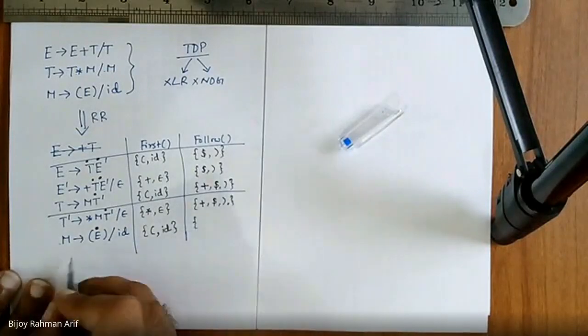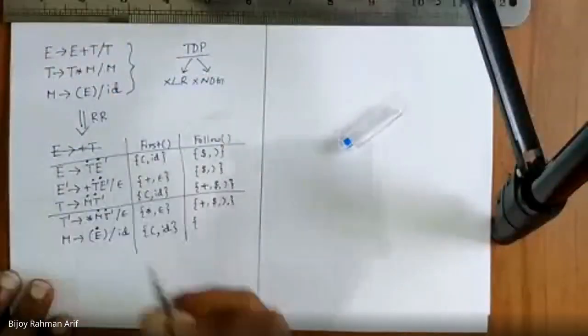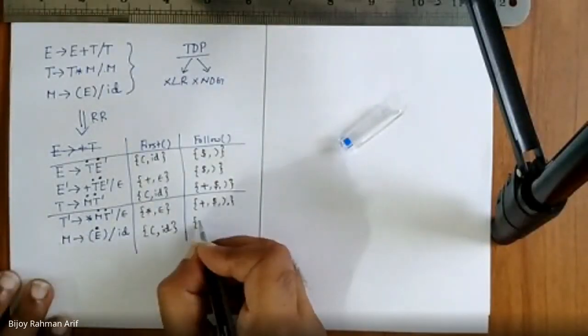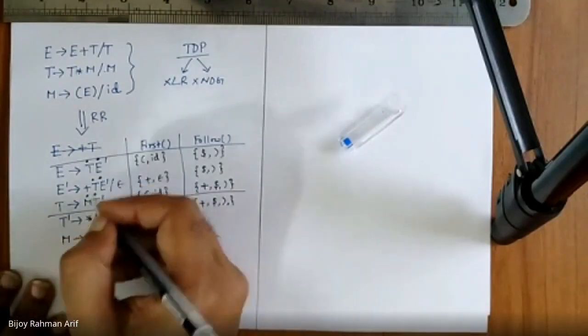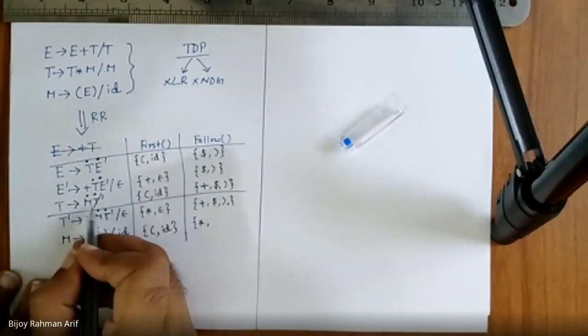Let's go over here, M. M appears here and here. What follows M? First of T dash. What is first of T dash? Star and epsilon. If you put epsilon, this one is vanished, and it appears on the rightmost side.